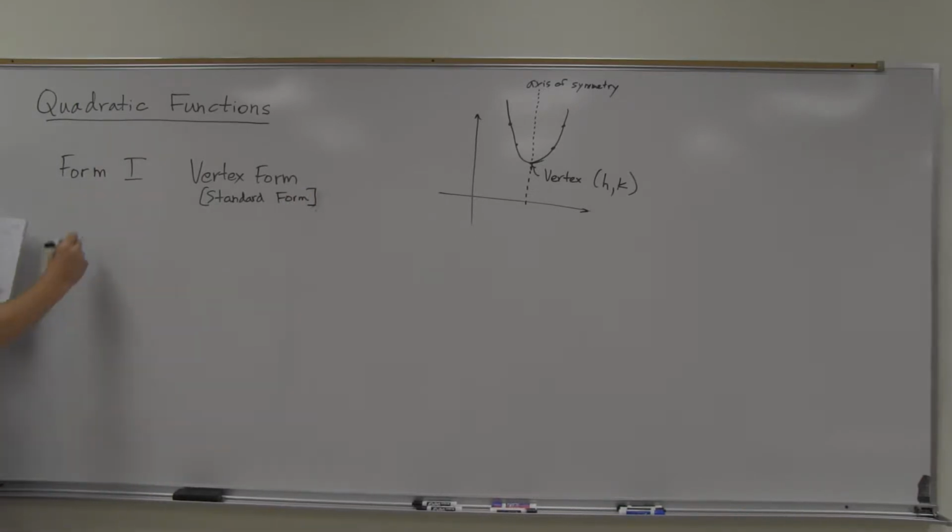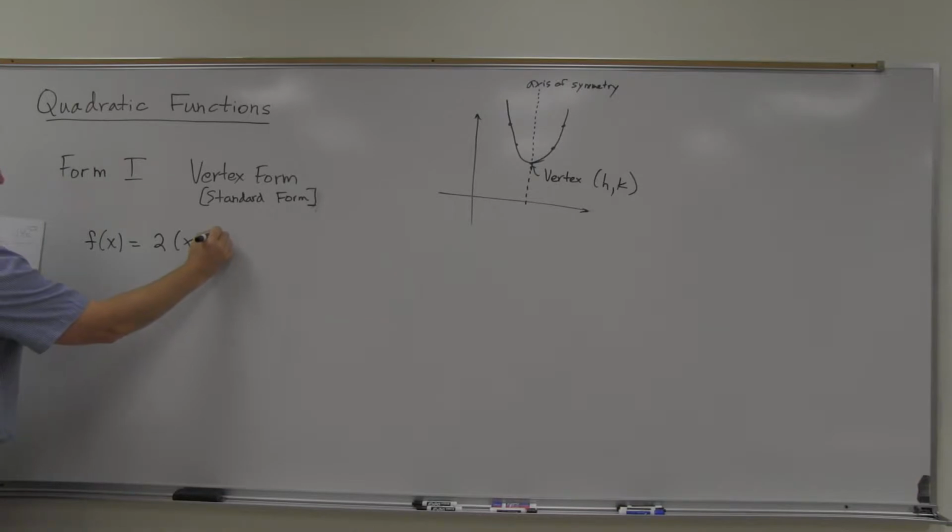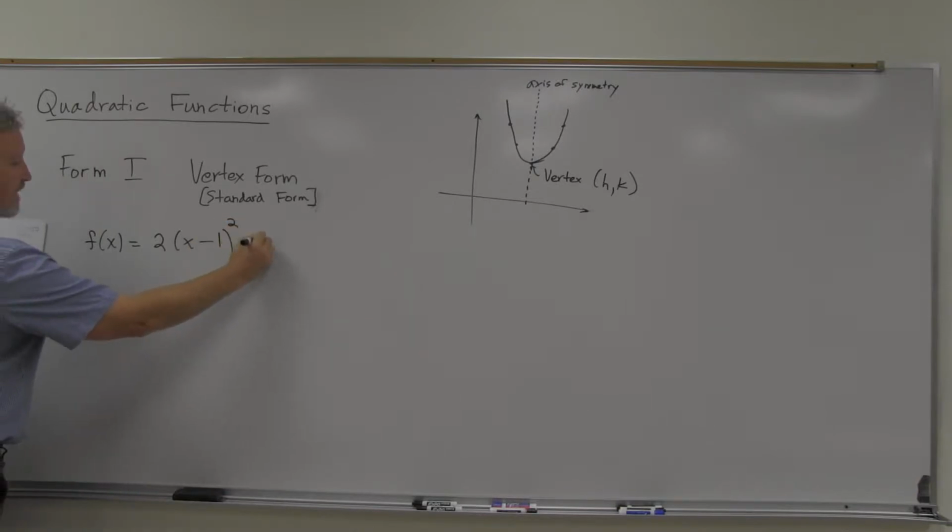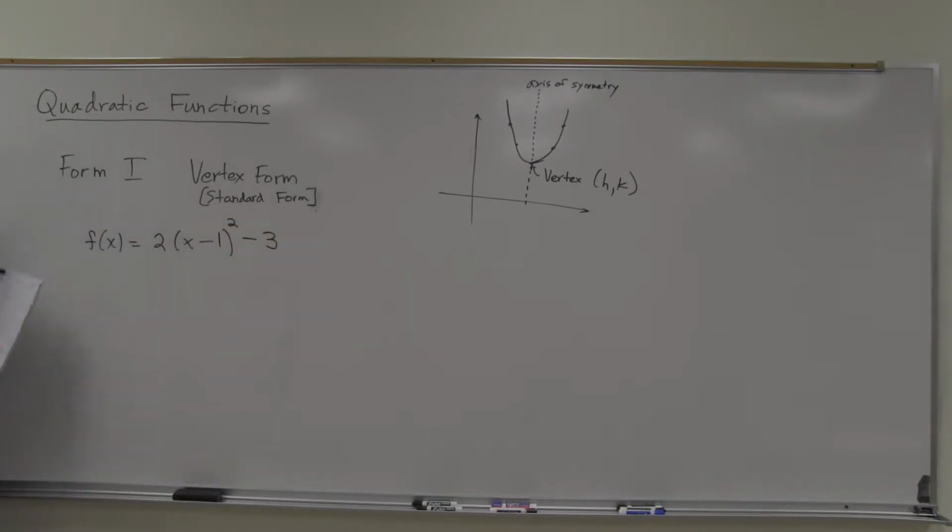And here's, let me just give you one. f of x equals 2 times (x minus 1) squared minus 3. All right, this is an example of a quadratic function in vertex form.